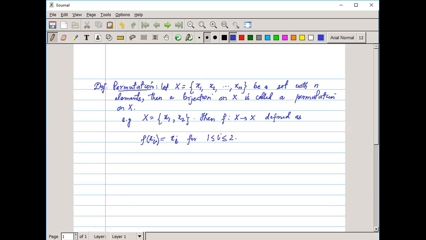So under this function f, x1 goes to x1 and x2 goes to x2. That means this function f defines an identity mapping on the set X.